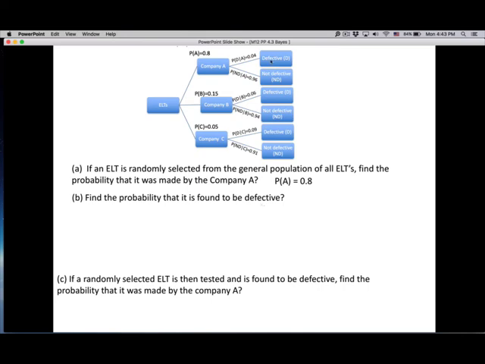Either it is defective and made by company A, or it is defective and made by company B, or it is defective and made by company C. Okay, so write a line like this: made by company A and defective, or, addition rule, made by company B and defective, or made by company C and defective. And then for each of them, plug in the multiplication rule. And then plug in all these numbers here.